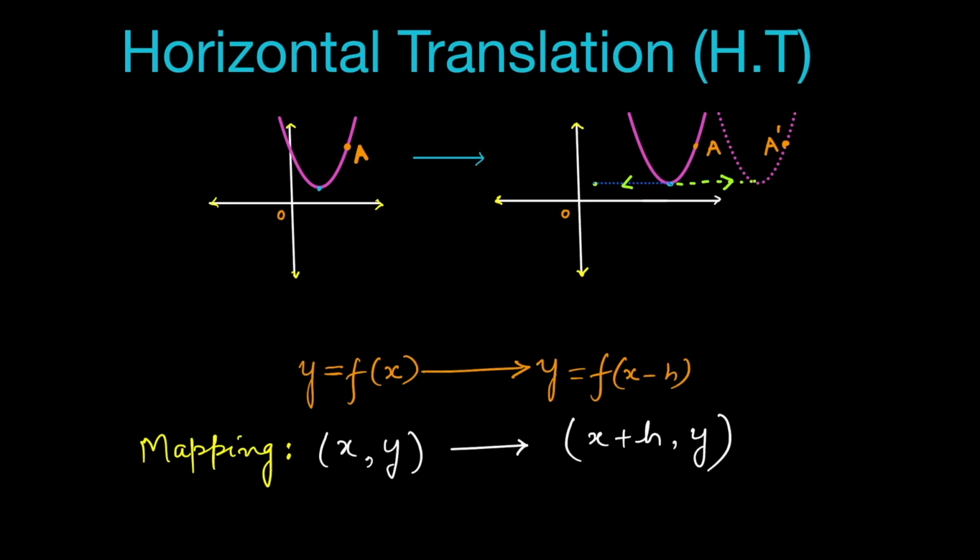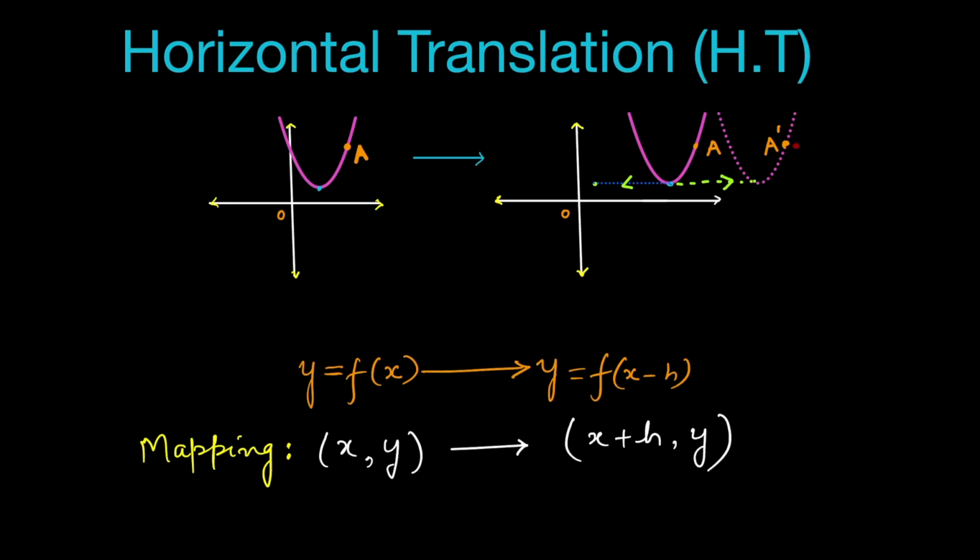So, mapping. (x, y) is any point on this graph, and we have taken it as A. How will it be on the transformed graph? Suppose this is the point, and this is the initial point A on the same graph. When the graph moves to the right side, the coordinates of the point A, which was here, get changed.